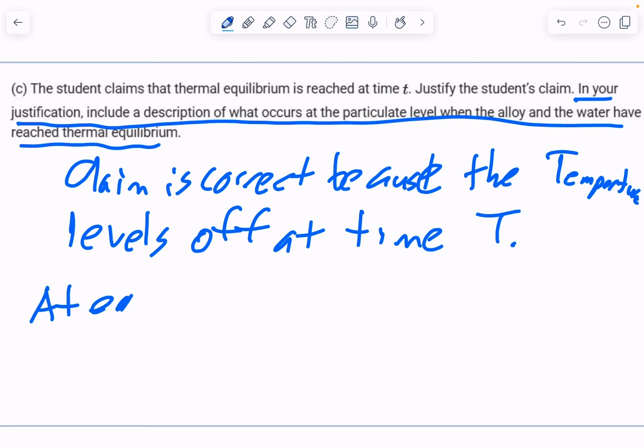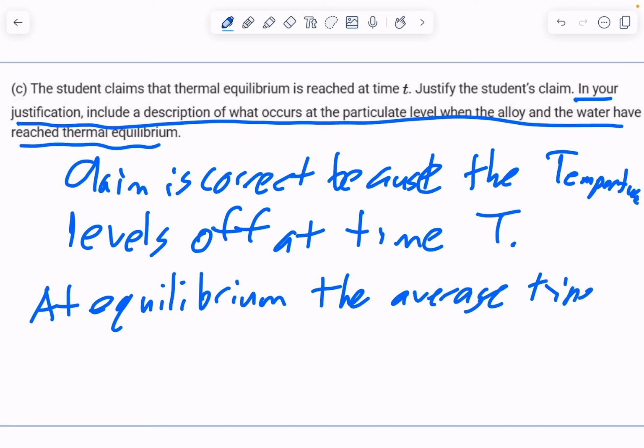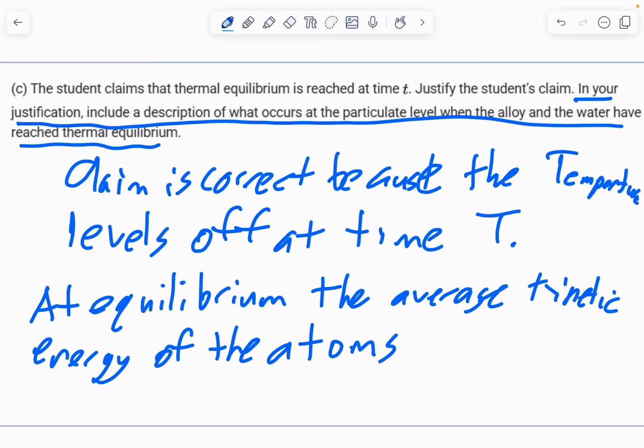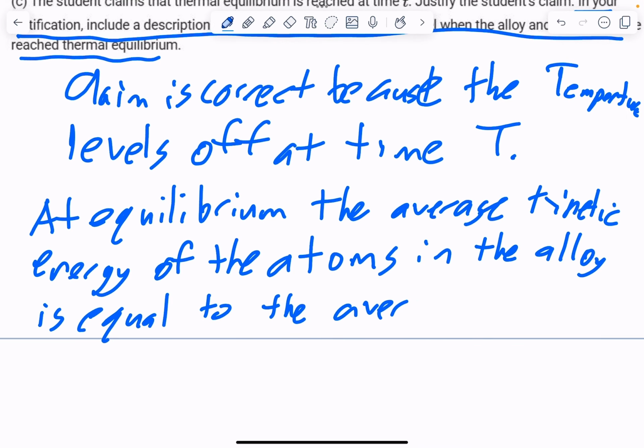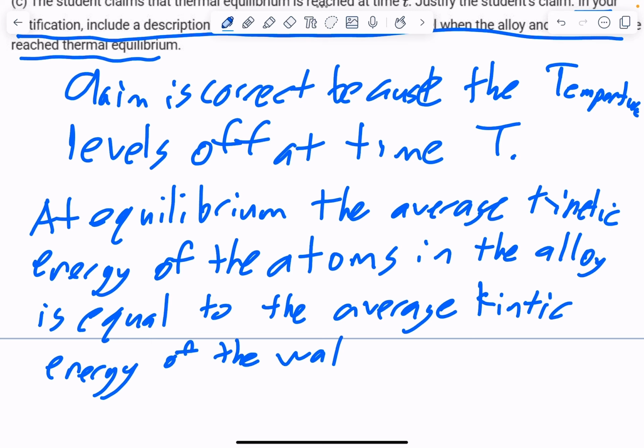So at equilibrium, the average kinetic energy of the atoms in the alloy is equal to the average kinetic energy of the water molecules.